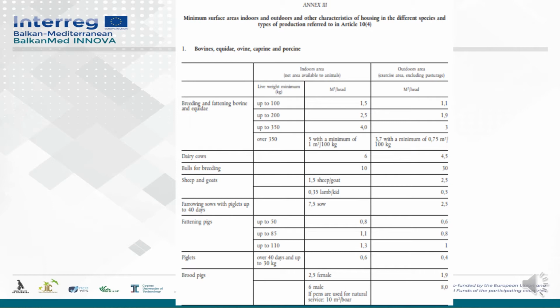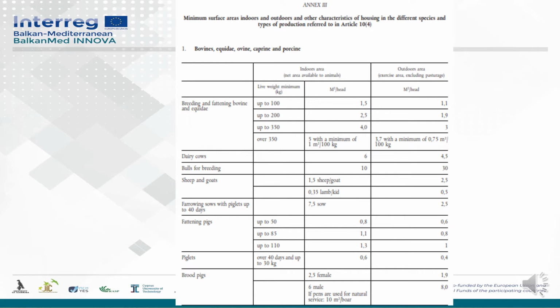You can see, for example, dairy cows have to have indoors 6 square meters per head and 4.5 square meters outdoors. Bulls for breeding have to have indoors 10 square meters per head and outdoors 30 square meters per head, and so on.